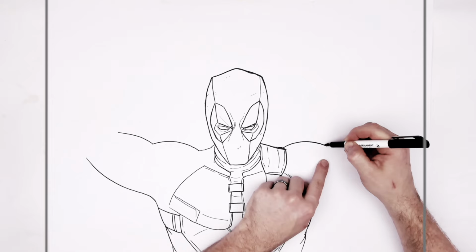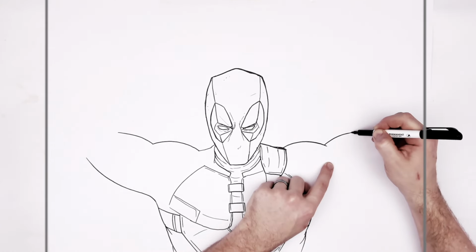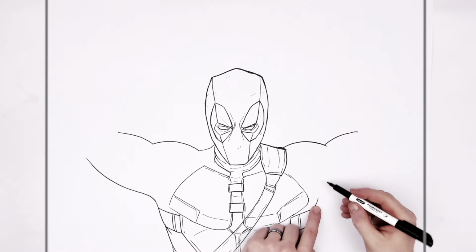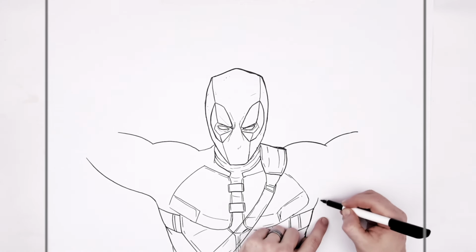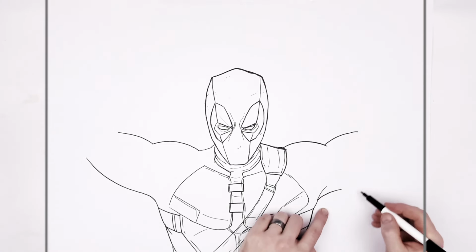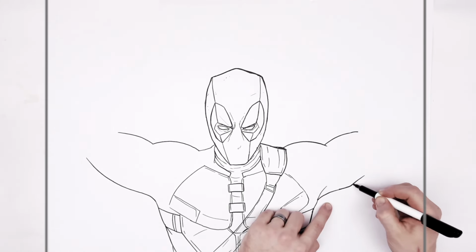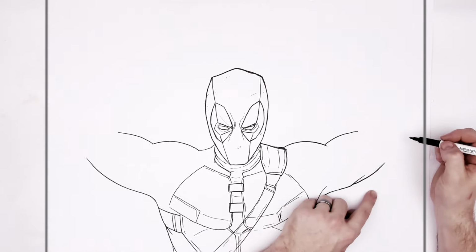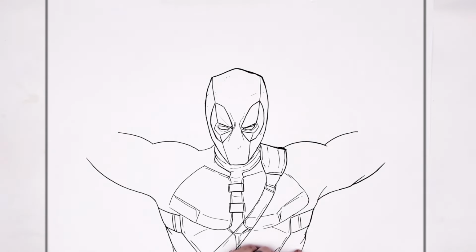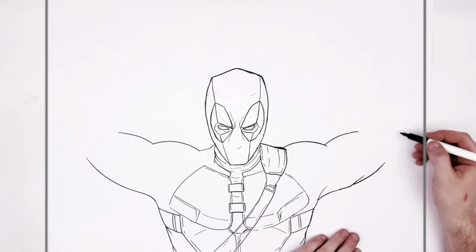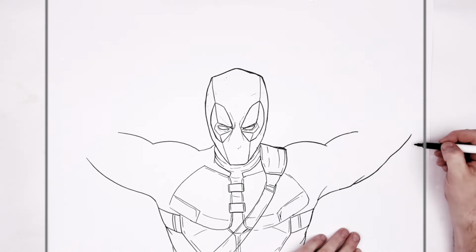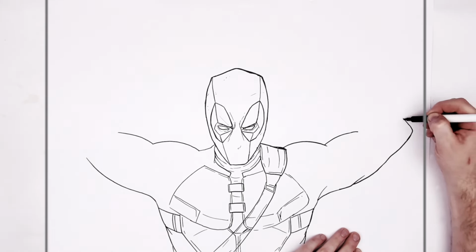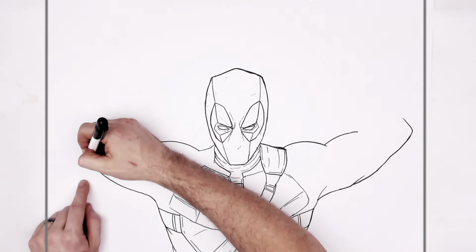The bicep always bumps up real high like that. And then the armpit is there, and then his tricep goes up this way, all the way up to his elbow. He's got some straps across, but we'll just get the main shape first. His elbow's there.